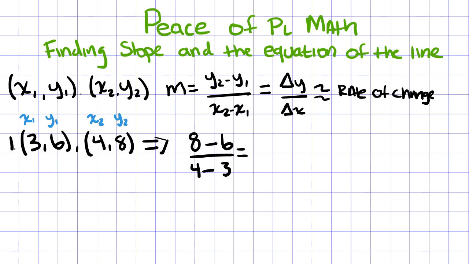Evaluating the numerator and denominator, you have 8 minus 6, which is 2, over 4 minus 3, which is 1, which equals 2. So your slope is simply 2.